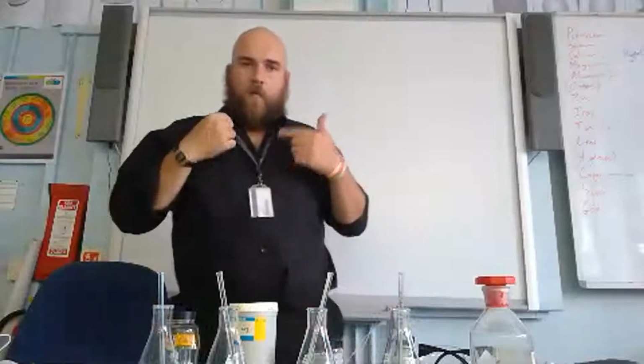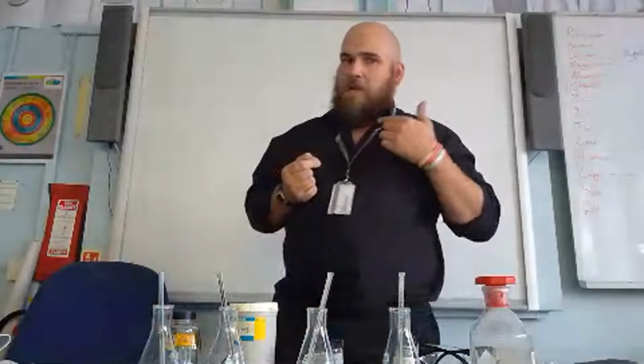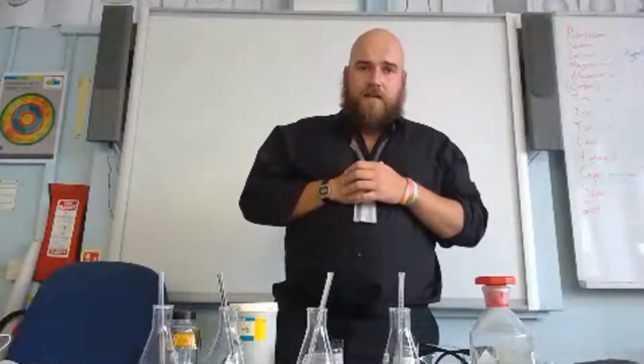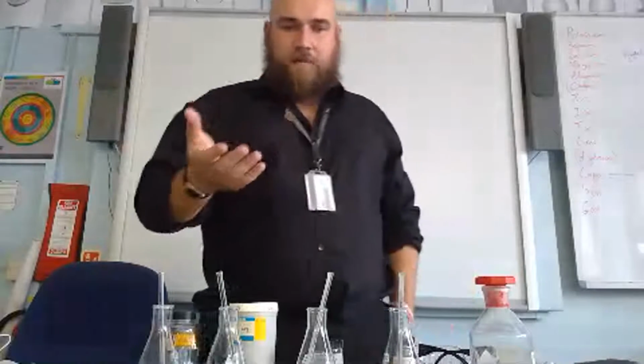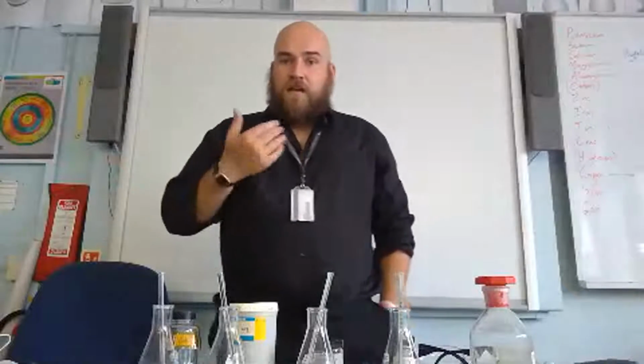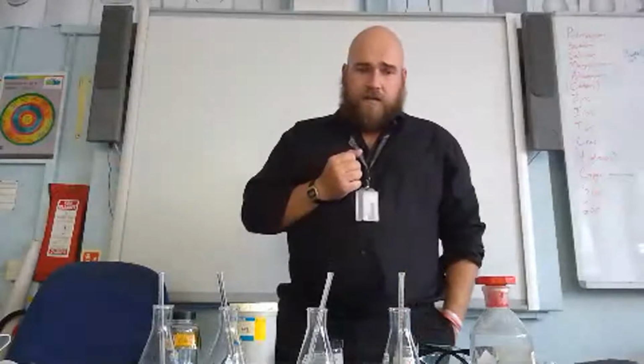So start thinking about what needs to stay the same about the metal. Is there anything specific that needs to stay the same? I'll let you think about anything else about this practical. So I'm going to be measuring the temperature change. I've got some copper sulfate solution and I've got different metals. Start typing them into the chat and I'll see if anyone can come up with any of them.